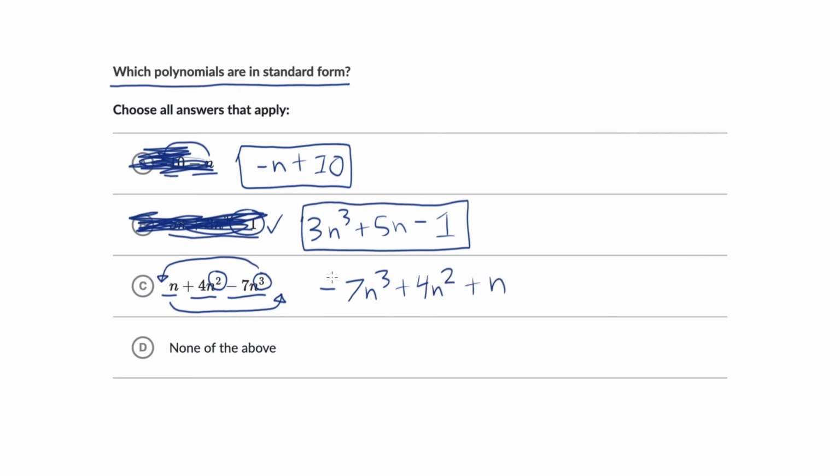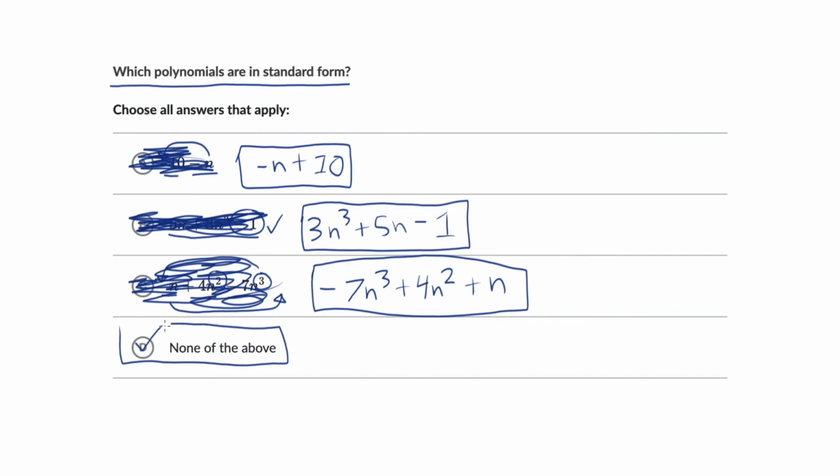That would be the correct way to put this polynomial in standard form, okay? Unfortunately, it's a big no-no, okay? It is not in standard form. So the only option left we have is none of the above, okay? Because none of them are, unfortunately, the correct ones.